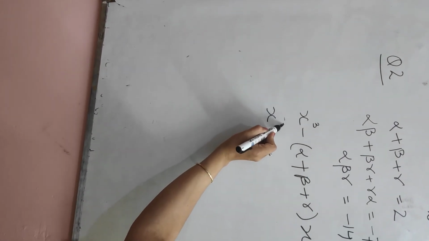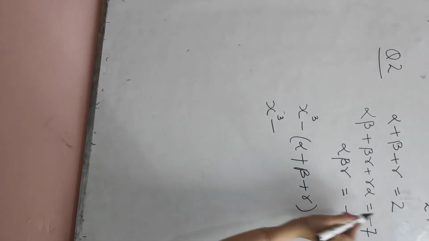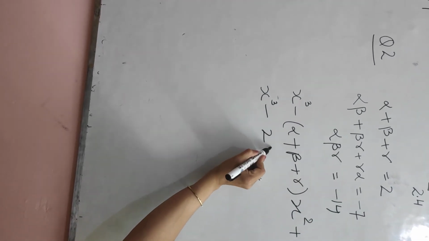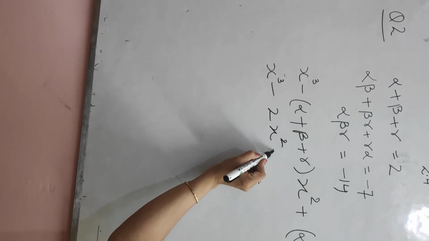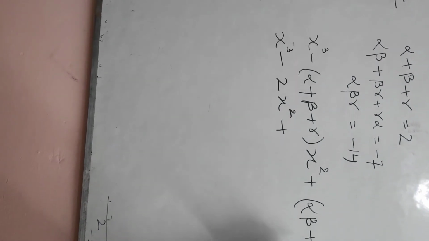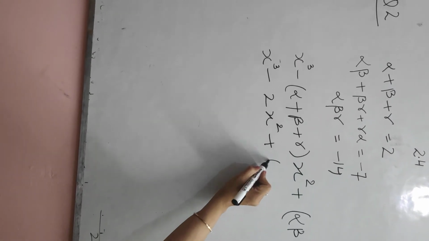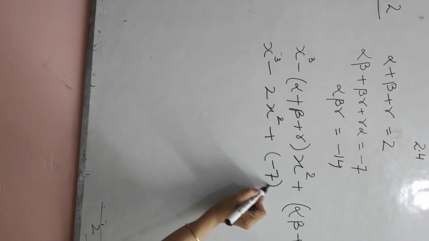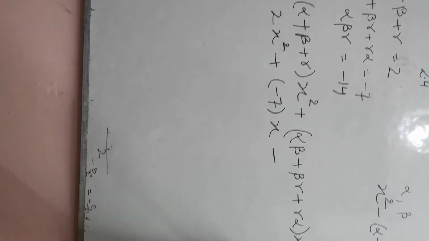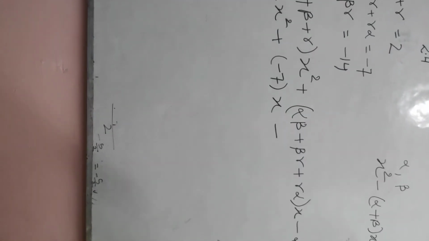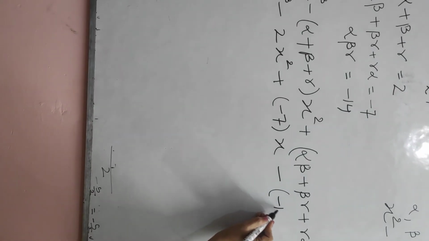Now let us put the values. X cube minus sum of the zeros 2 into x square plus sum of the product of the zeros taken 2 at a time, minus 7, so plus minus 7 into x minus product of the zeros minus 14. So plus 14.